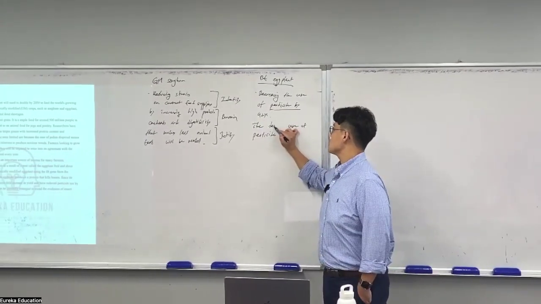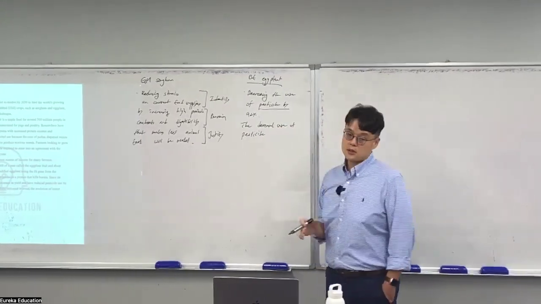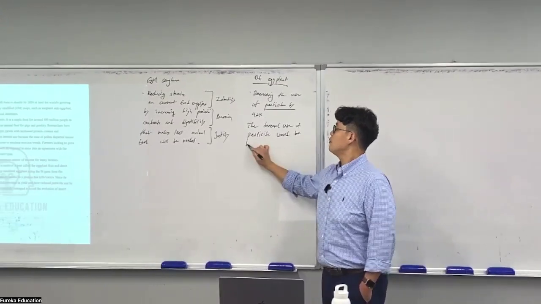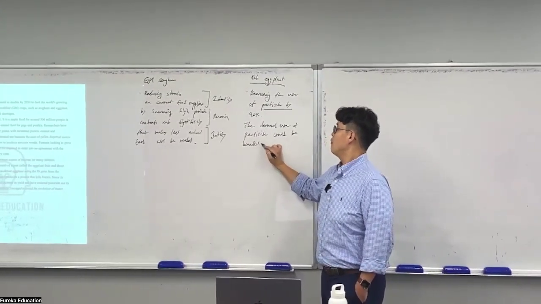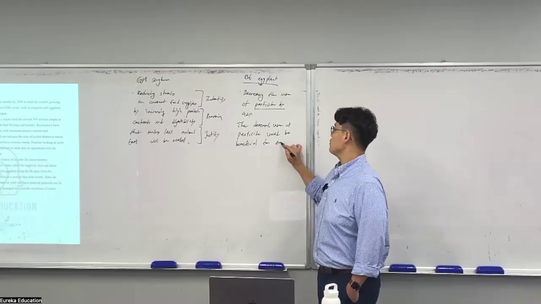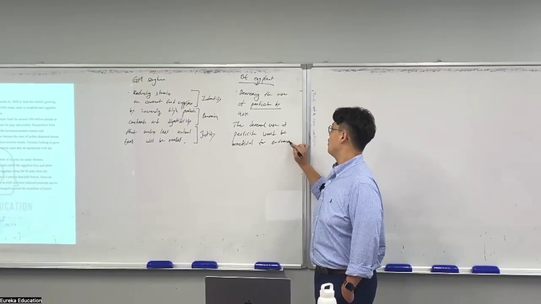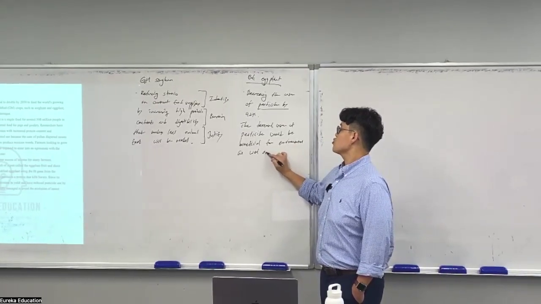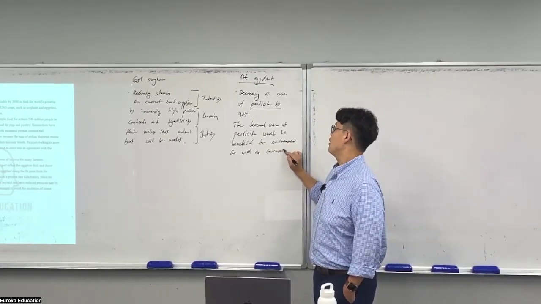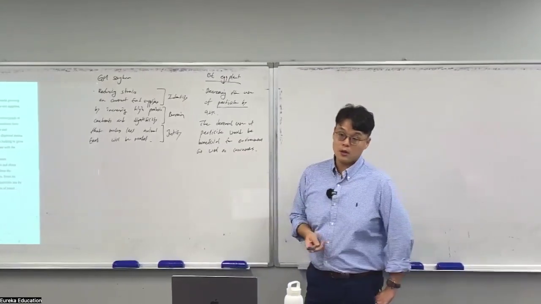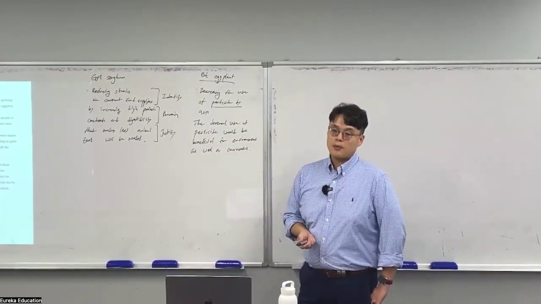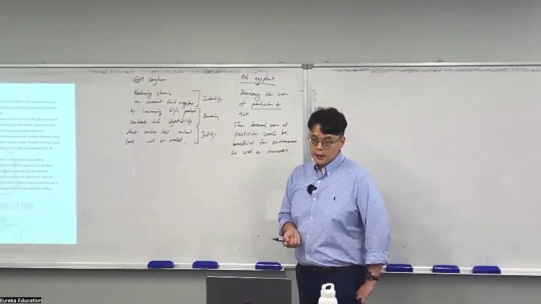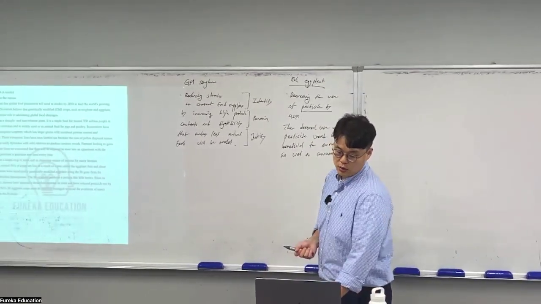The decreased use of pesticide would be beneficial for the environment as well as us, the consumers of the eggplant that we're eating too. It's not just simply saying, hey, BT plant's good. Yeah, I know it's good, but why? You have to justify clearly to get this one down.